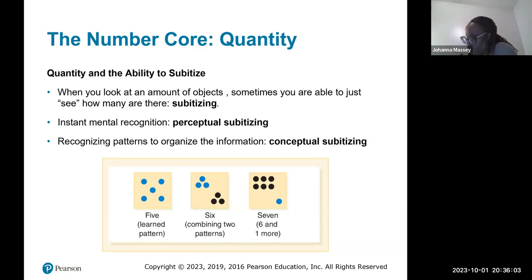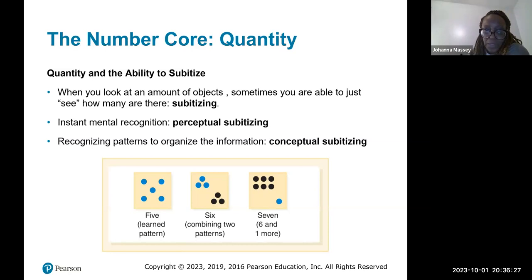Just know that when you just recognize that number, that's called perceptual subitizing. Then if you start looking and focusing on patterns, that is conceptual subitizing. Encourage students to move beyond counting by ones as soon as possible and instead have them focus on patterns. So that's when you start doing that conceptual subitizing.